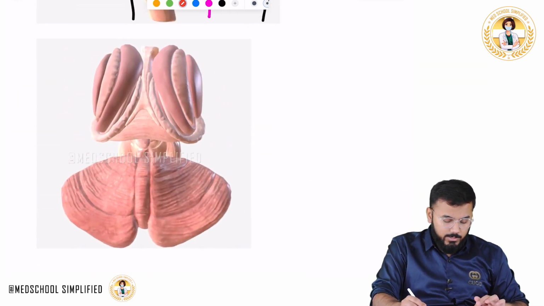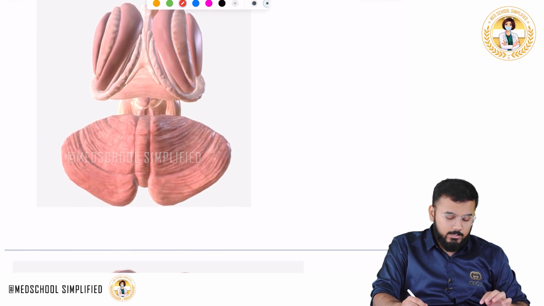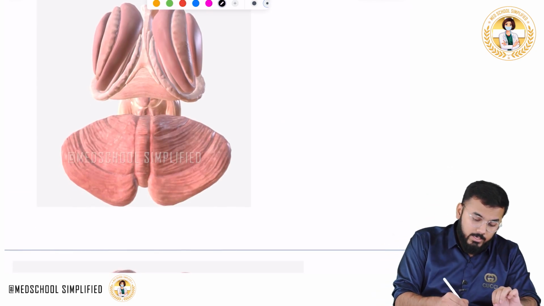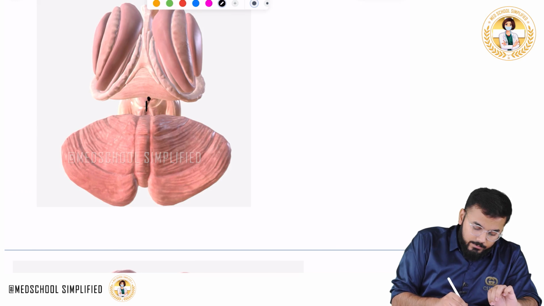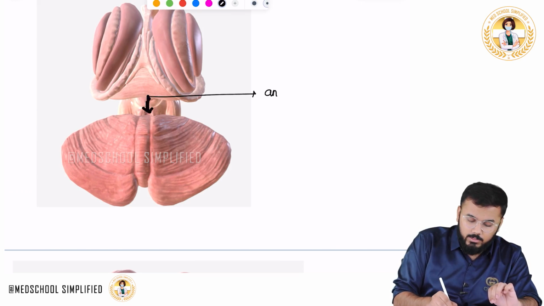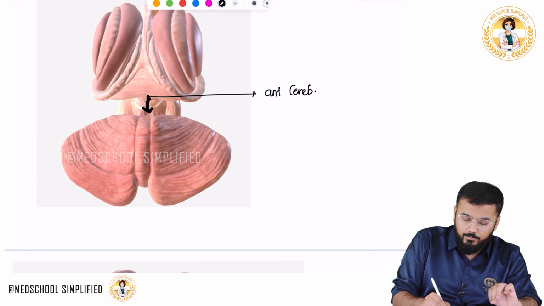If you look at this picture over here, this is a superior surface, right? Now, in this superior surface, this particular structure in the center is called the anterior cerebellar notch.